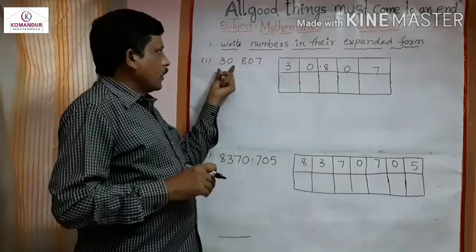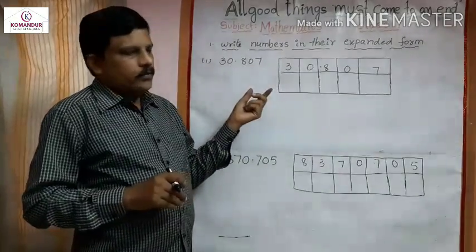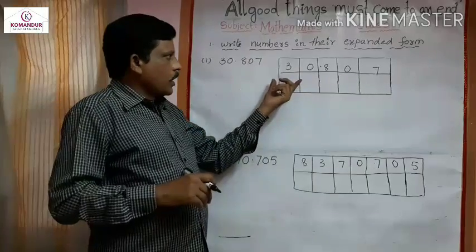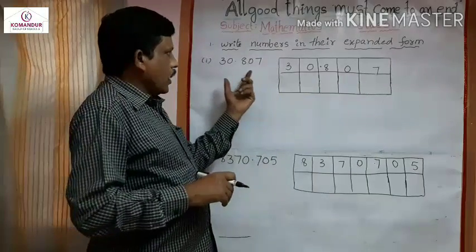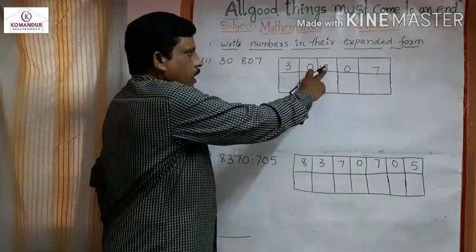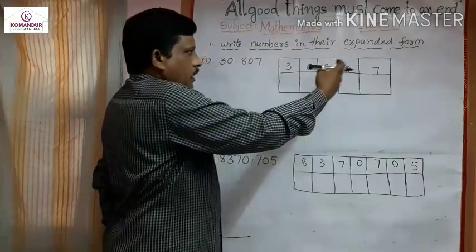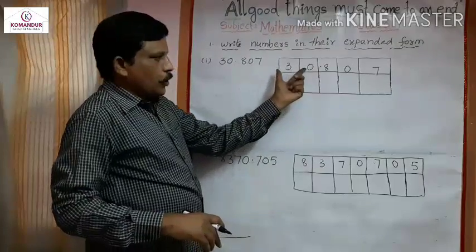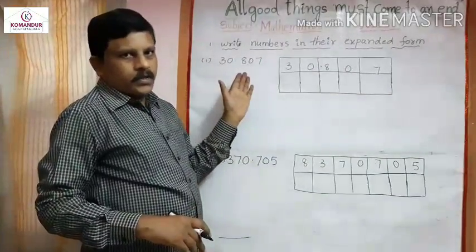For ease, first draw a table and arrange the numbers: 807 on the decimal's right side, and the remaining number 30 on the left side.